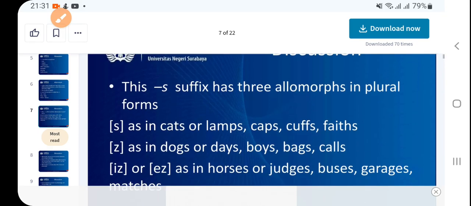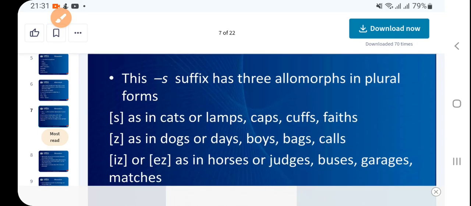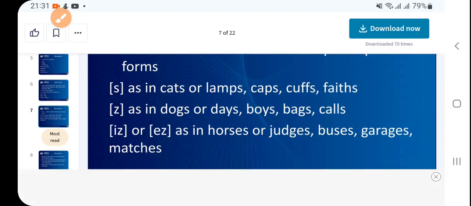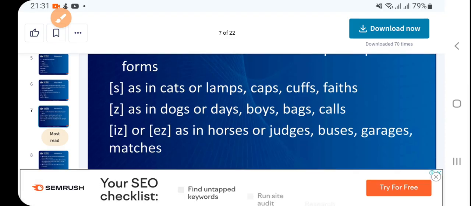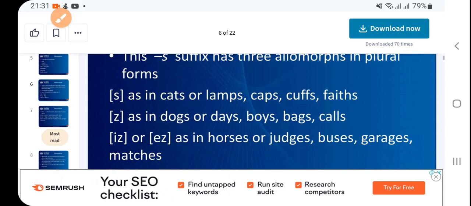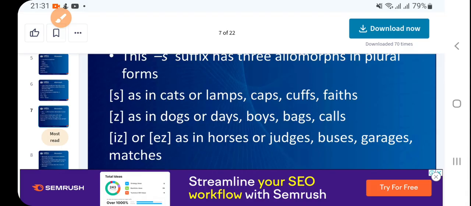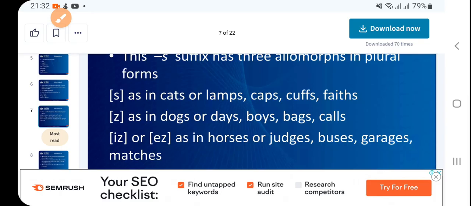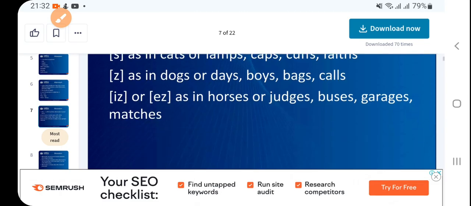Here when we add s to cat, dog and horse, they are all suffixes, but the sound is changed. In the first case, the plurals of rams, caps, cuffs, fates, the s sound is different. But when we put s with dog, the sound at last becomes a Z sound, as in dogs, days, boys, bags, calls.